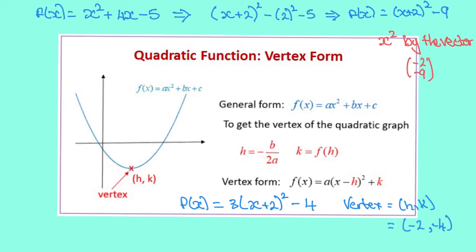Remember, if it's inside the bracket, it affects the x coordinate. If it's outside the bracket, it affects the y coordinate. If it's inside the bracket, it does the opposite. So plus 2 becomes minus 2, minus 9 stays the same.